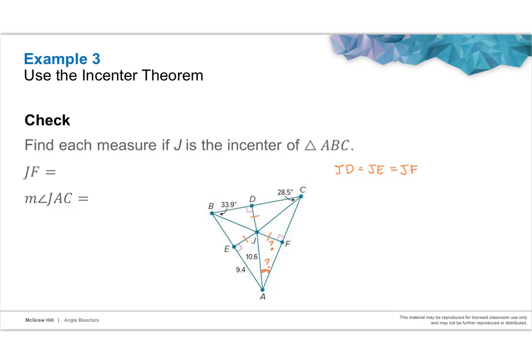Well, if we work in that triangle, we know that the angle measure we need to find is also this angle measure right here, and it's within a right triangle JEA. So let's set up Pythagorean theorem there. JE squared plus the distance we know for AE, or 9.4 squared, is going to equal the distance for JA, or 10.6 squared.